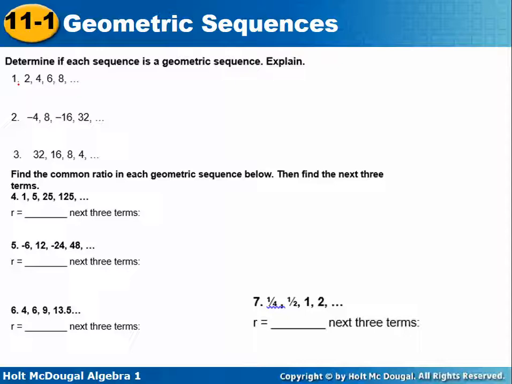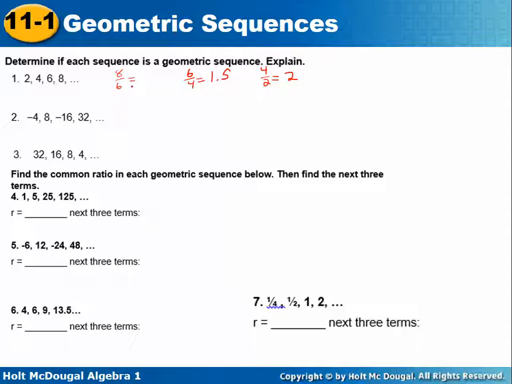For example, in number 1, we have 2, 4, 6, and 8. Now, if it's geometric, then 8 divided by 6 will be the same as 6 divided by 4, and that'll be the same as 4 divided by 2. 4 divided by 2 is 2. 6 divided by 4 is not 2. It is 1.5.